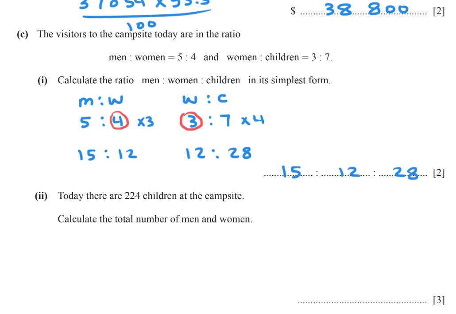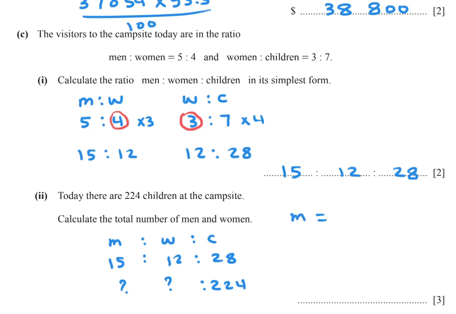Double I. Today there are 224 children at the campsite. Calculate the total number of men and women. Now we have men to women to children 15 to 12 to 28. We have 224 children, so we can find men and women with the cross multiply method.